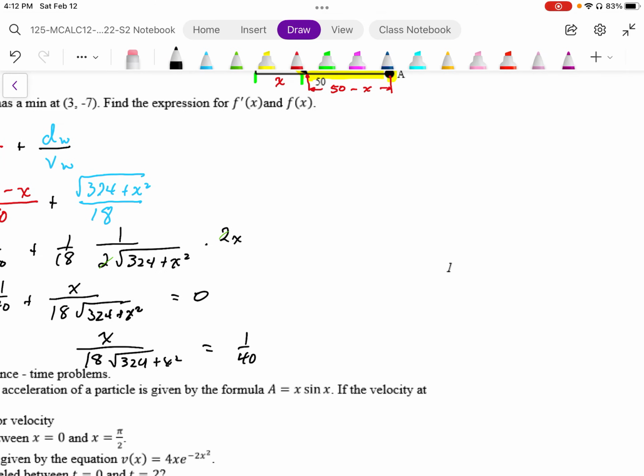So cross multiplying this, I end up with 40x equals 18 square root of 324 plus x squared. Let me just clean that up a little bit.